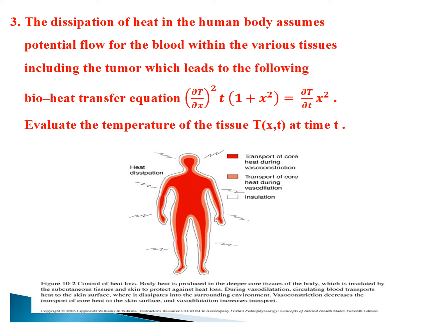So these are various reasons, but when heat dissipates, we need to control it, because it affects the blood flow within the tissues, especially when it flows along the tumor cells. So controlling this heat dissipation is really necessary, and this is a very classic example, the bioheat transfer equation, which we need to solve using partial differential equation techniques.